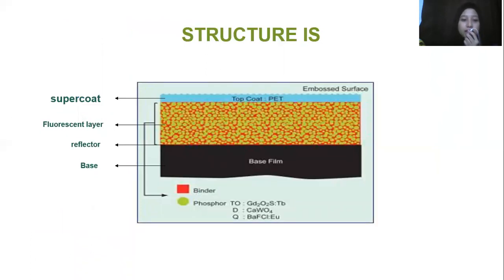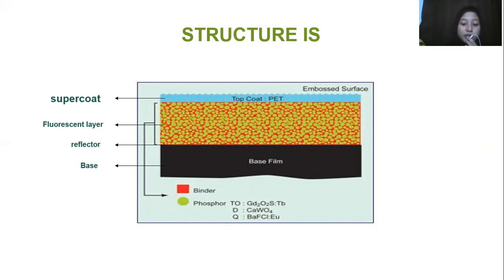Structure of ES. The first is the base. The ES base is made of polyester or cellulose acetate, 200 to 500 micrometers. Flexible or anti-curve.